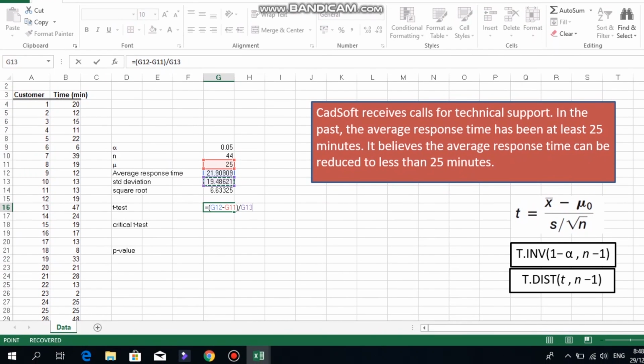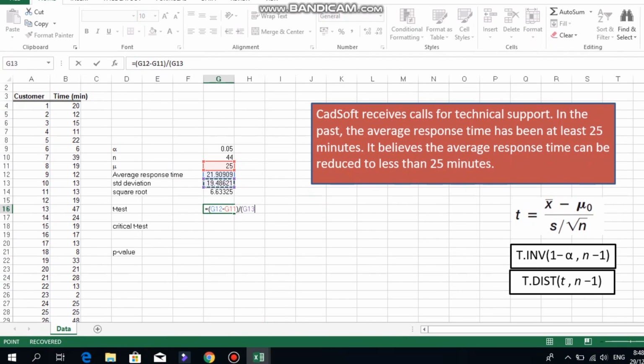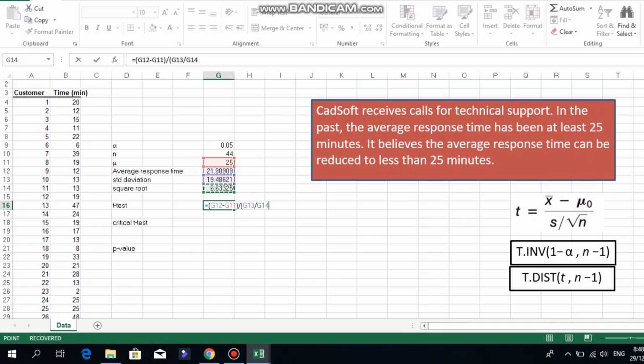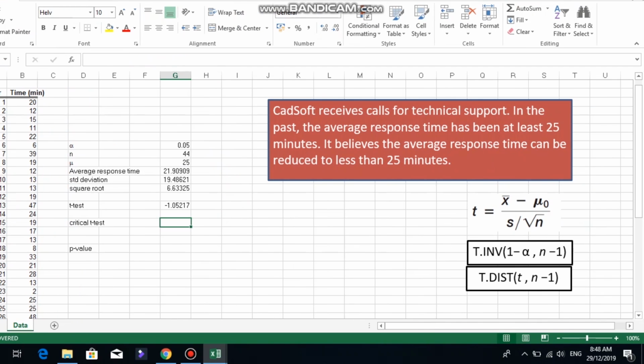You have to open bracket after the divide. So open bracket and then choose the standard deviation and then divide by the square root. After that, close bracket and then enter. So the t-test is going to be negative 1.05217.